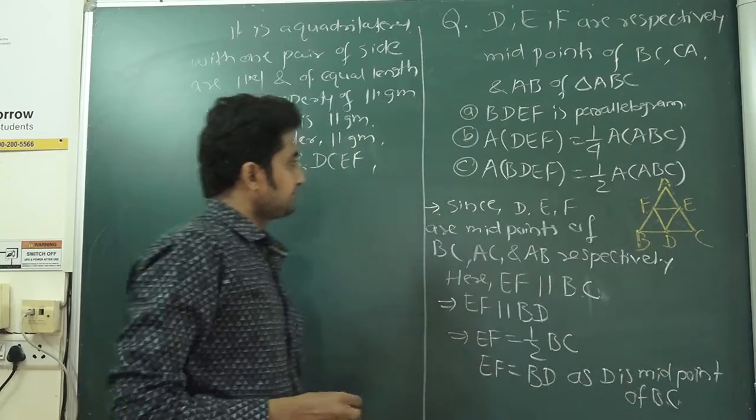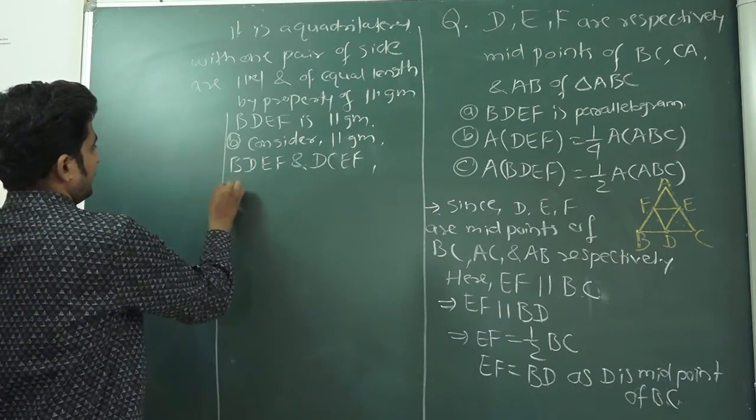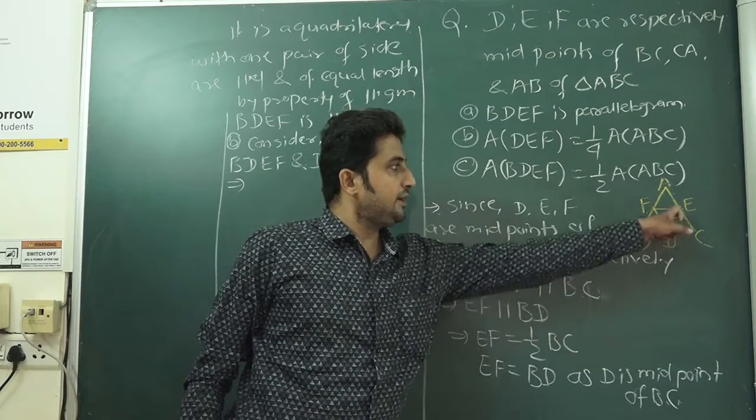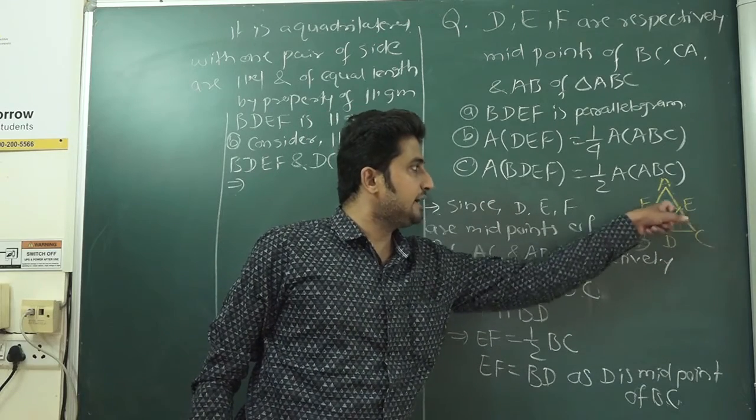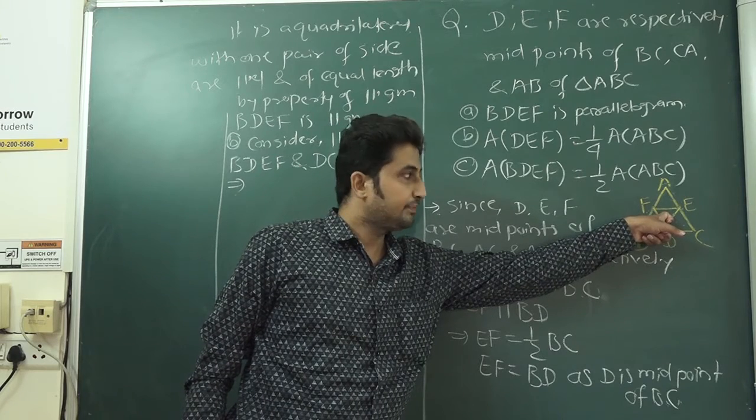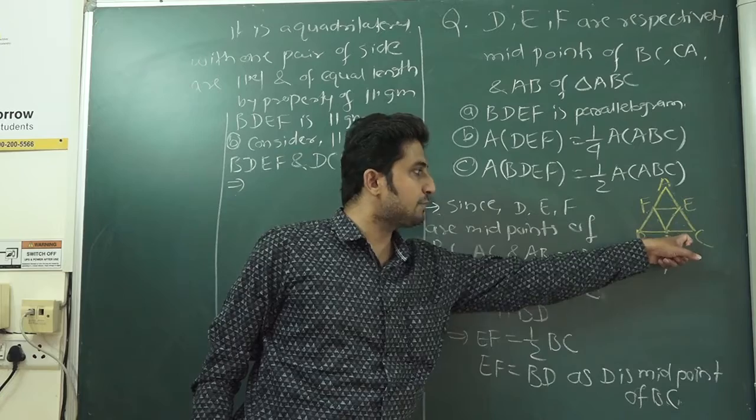Now here, what is your conclusion, dear students? BDEF and DCEF have a common base, and side EF is parallel to BC.